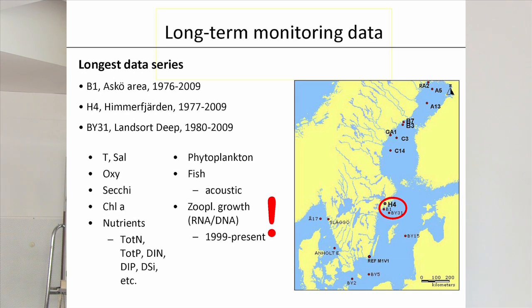Here are the Swedish stations, Bothnian Bay, Bothnian Sea. We have also a station here in the Archipelago Sea, but it's a Finnish station. It's very interesting to use it when analyzing our data also. We have Baltic proper stations. These are H4 Hemifjärden.